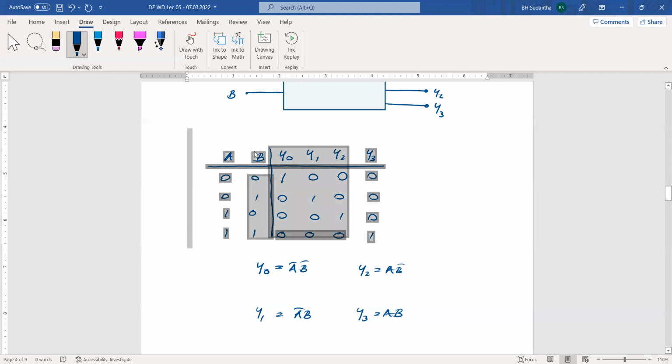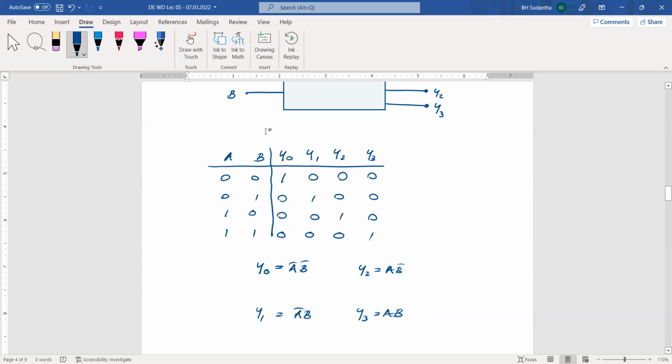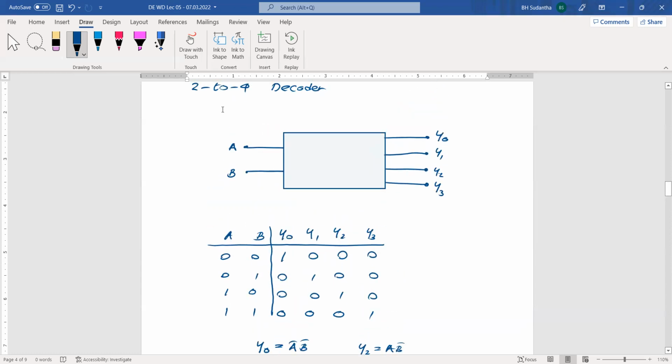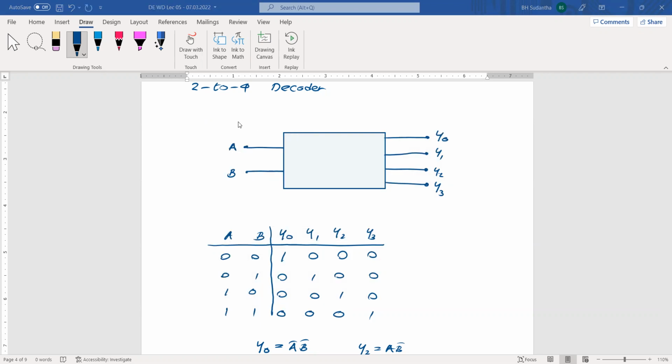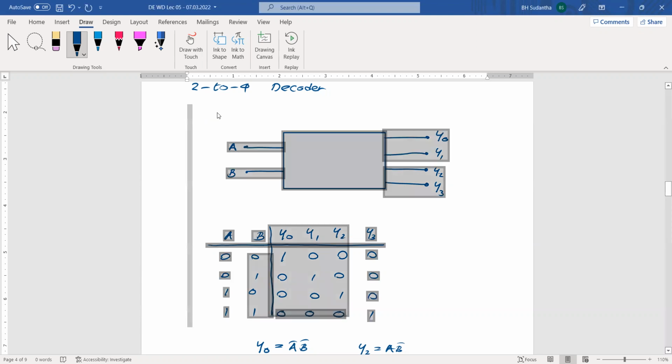This is the 2 to 4 decoder truth table, and this is the standard decoder.